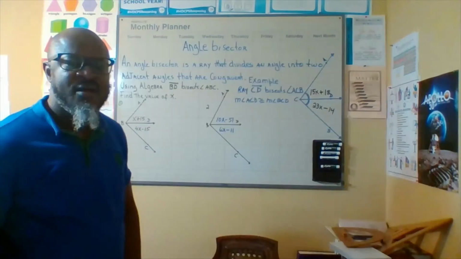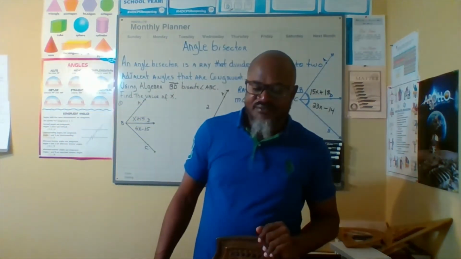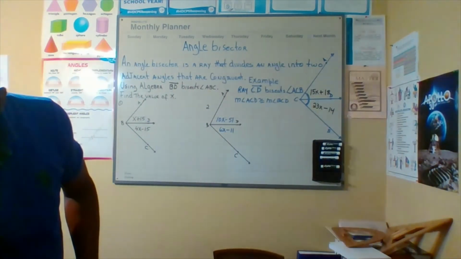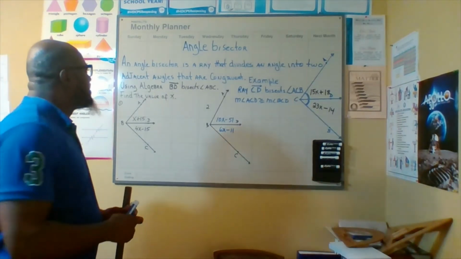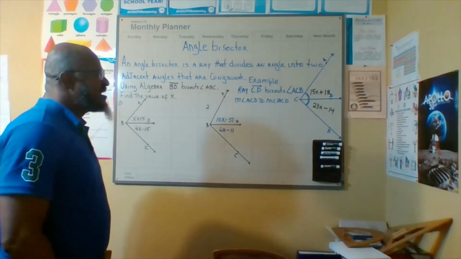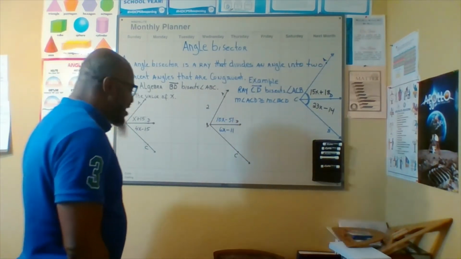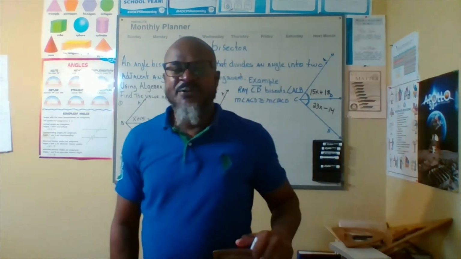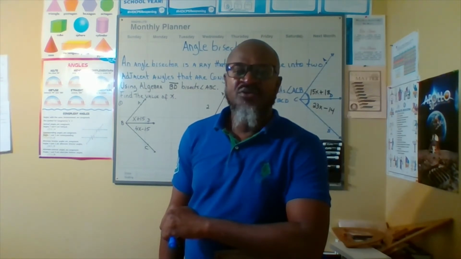All right, Mr. This is back again on angle bisector. All right, let's look at what an angle bisector is. An angle bisector is a ray that divides an angle into two adjacent angles that are congruent. Once again, an angle bisector is a ray that divides an angle into two adjacent angles that are congruent.